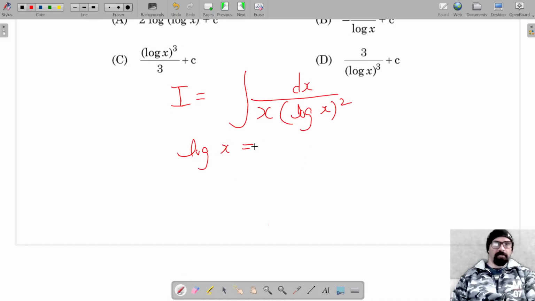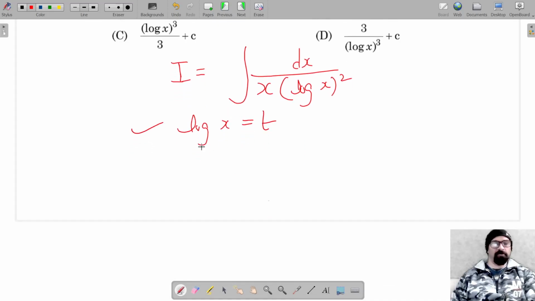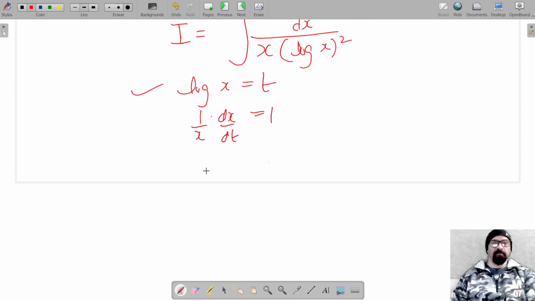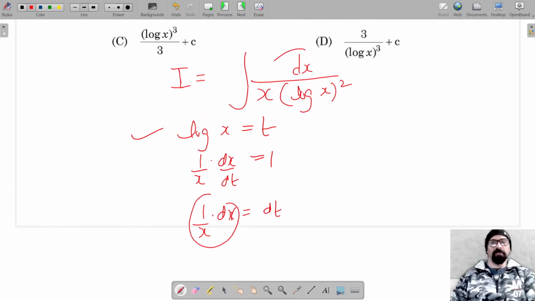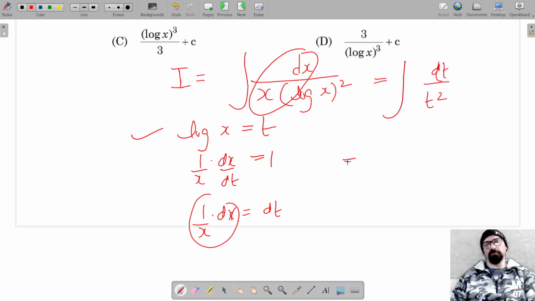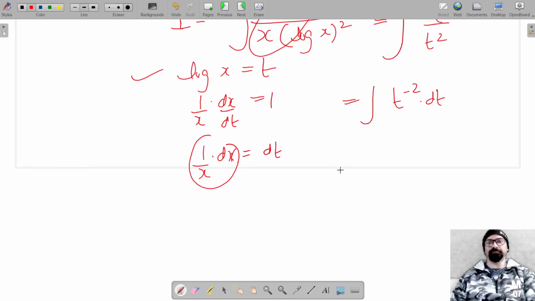Let's substitute log x is equal to t, and differentiation of log x with respect to t gives 1 by x into dx by dt is equal to 1, which gives me 1 by x into dx is equal to dt. So 1 by x into dx means this is now equal to dt, and log x the whole square is t square. So this is now equal to the integral of t raised power minus 2 into dt.